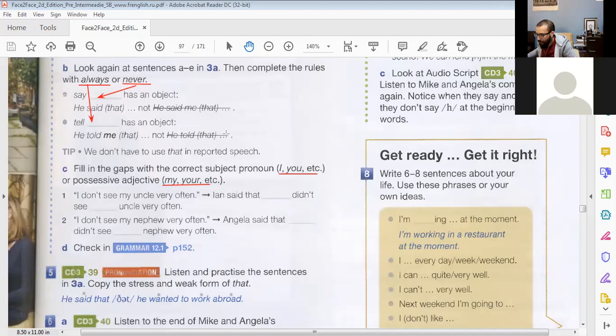So Ian said that he didn't see his aunt. There you are. That's it. What about number two? I don't see my nephew very often. Angela said that she didn't see her nephew very often. Right. So you need to also watch out for the pronouns and the possessive adjectives.